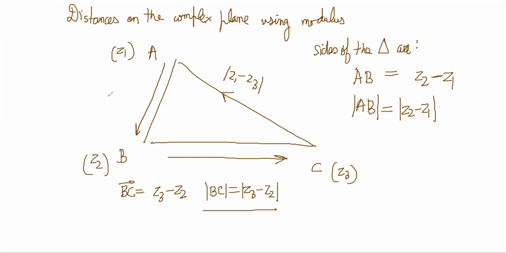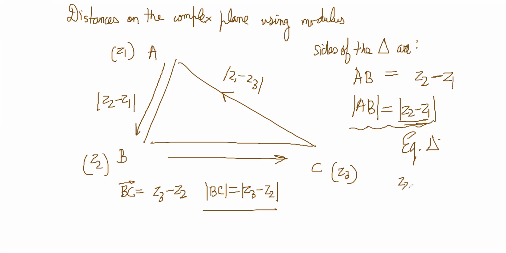So this immediately gives us the conditions, many conditions you can get using these. For example, if it is an equilateral triangle, each of these lengths must be the same.